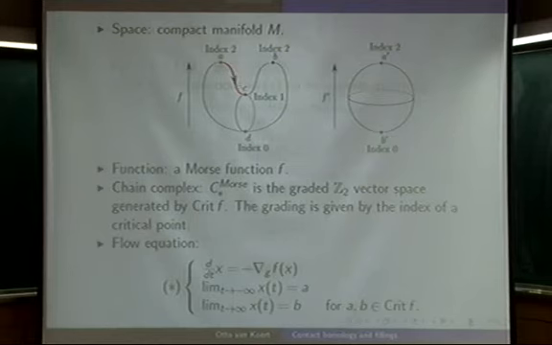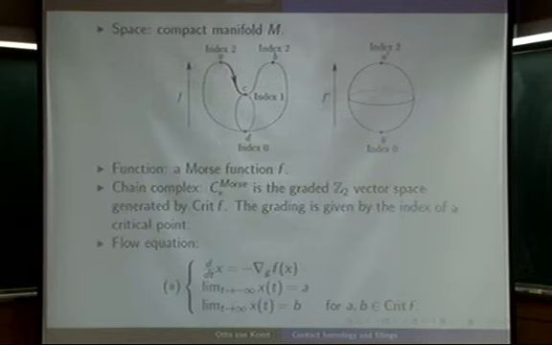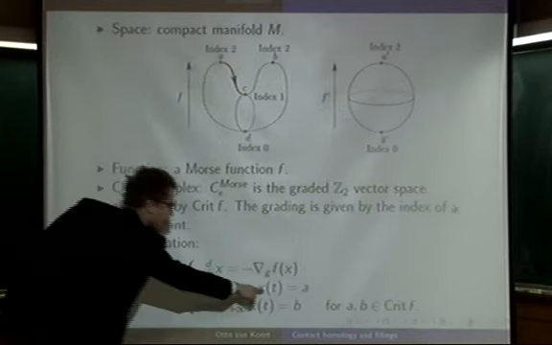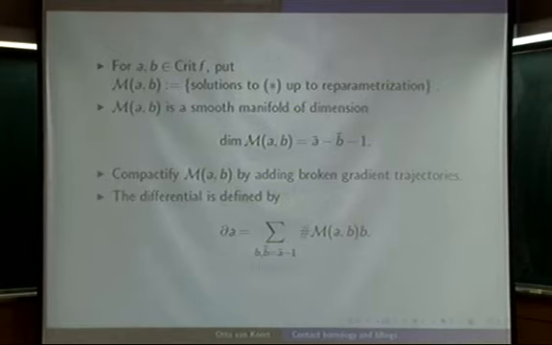Okay. Now, we collect the solutions to this flow equation in a moduli space, which I will call MAB. These are the solutions to this flow equation up to reparameterization. Here I want to point out that if x(t) is a flow line, a solution, then x(t) plus a constant is also a solution, since the boundary conditions are not changed. So you can just reparameterize by shifting in time.